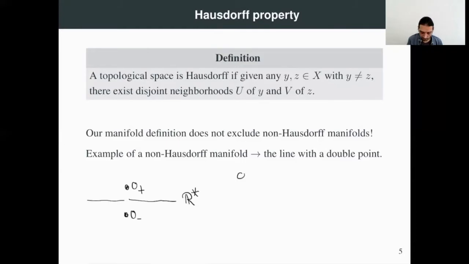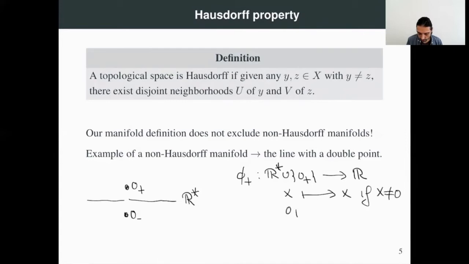And there we define two local charts. The first one is defined on R star union 0+ to R, and sends x to x if x is different than 0, and 0+ to 0.